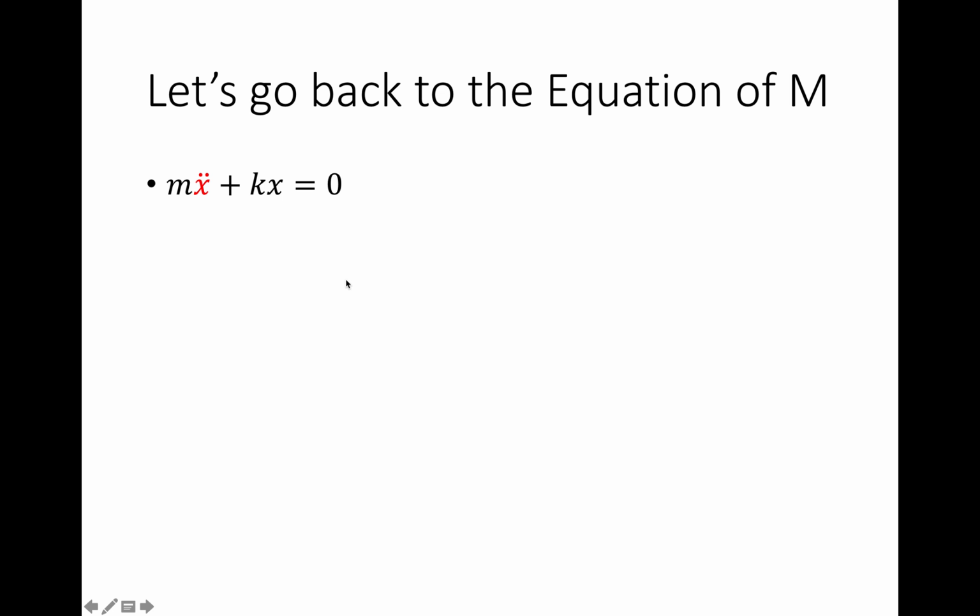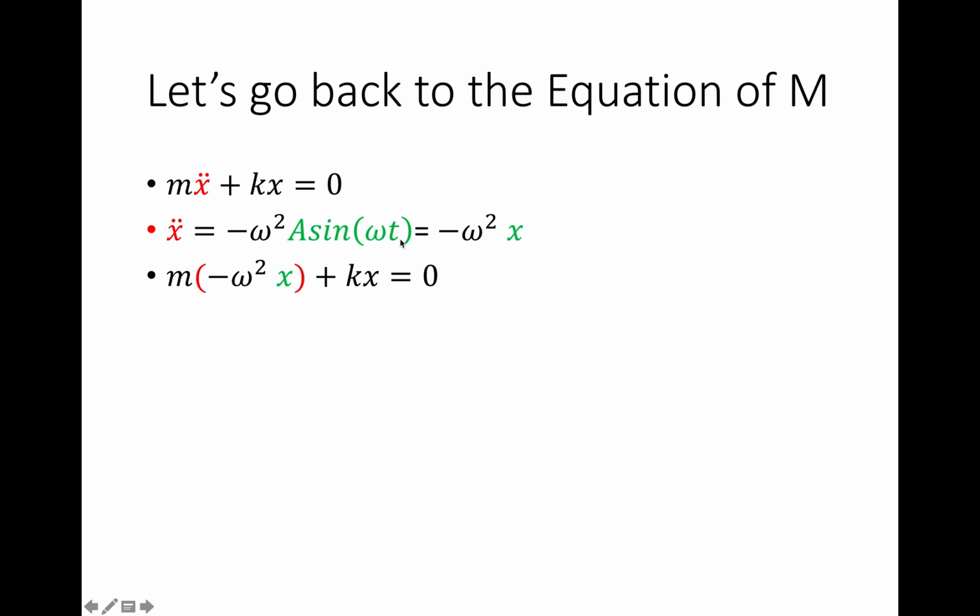Let's go back to the equation of motion of m. The second differential of x will be minus omega squared A sine omega t, where x is A sine omega t, so it will be minus omega squared x. Put this part into here, and we get an equation like this.